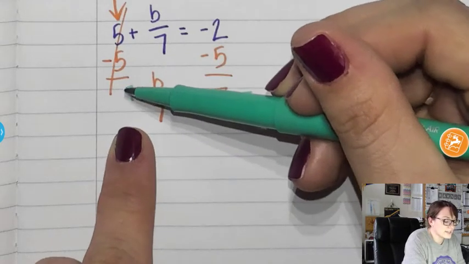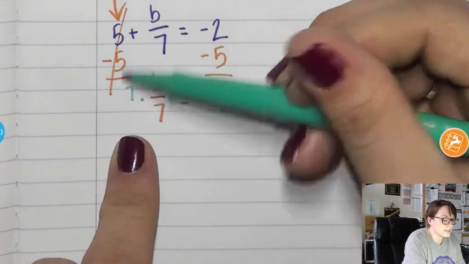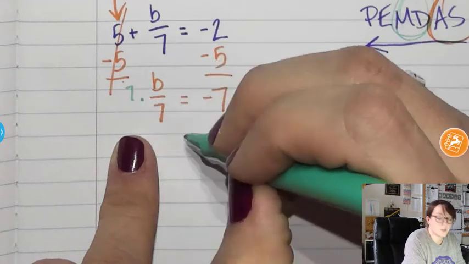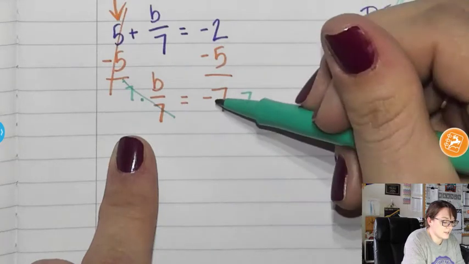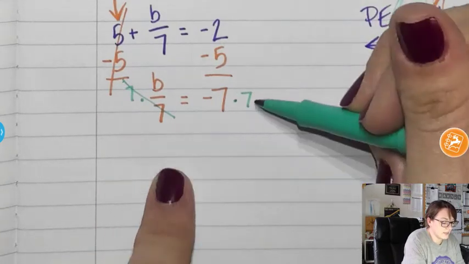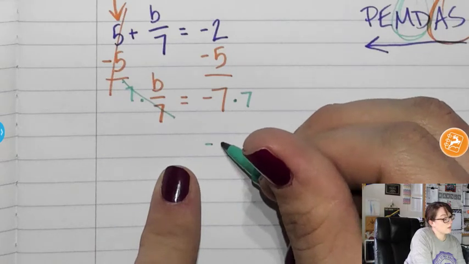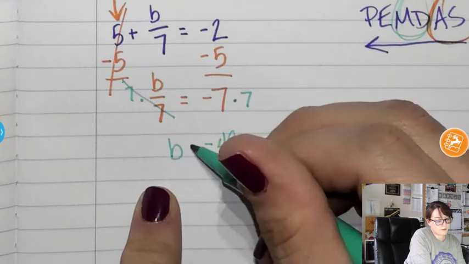Because 7 over 7 is 1. So we're going to cross those out. And then negative 7 times 7 is negative what? 49. And that's in B.